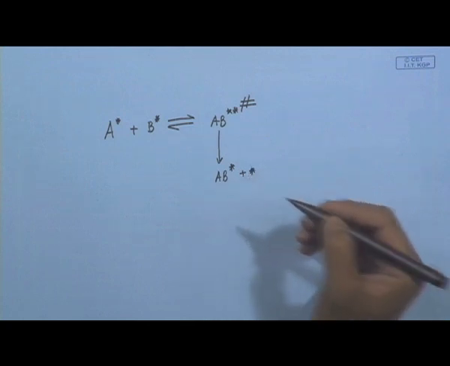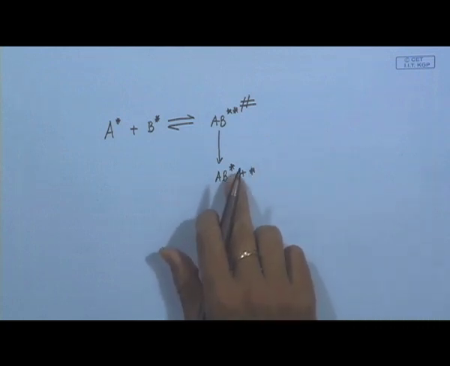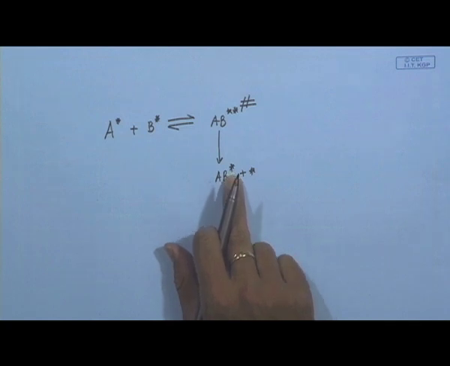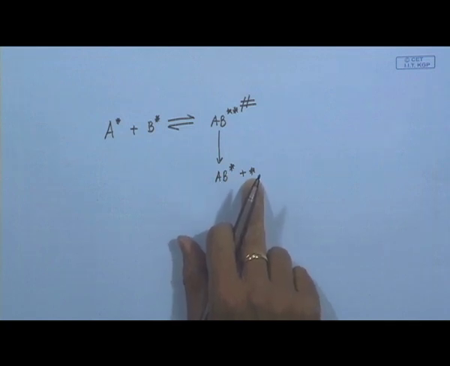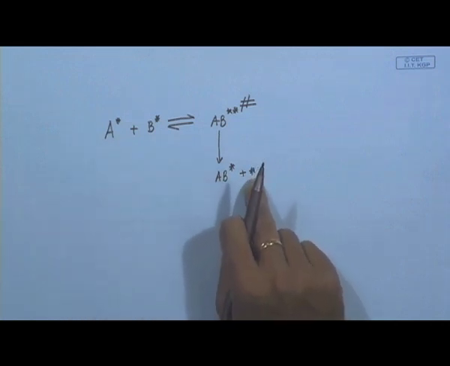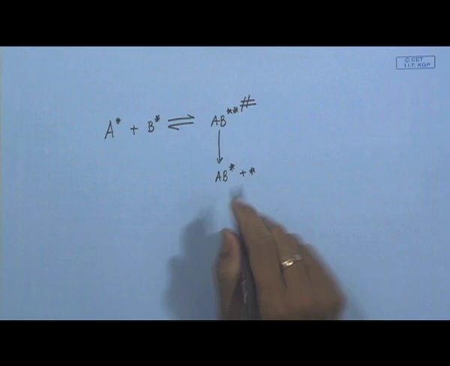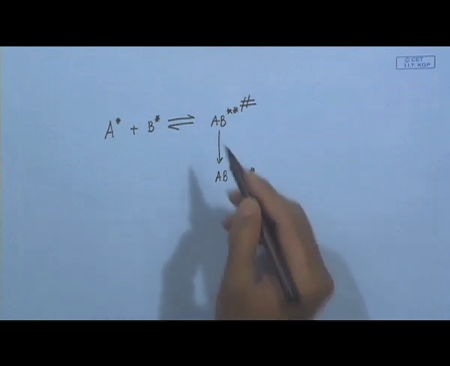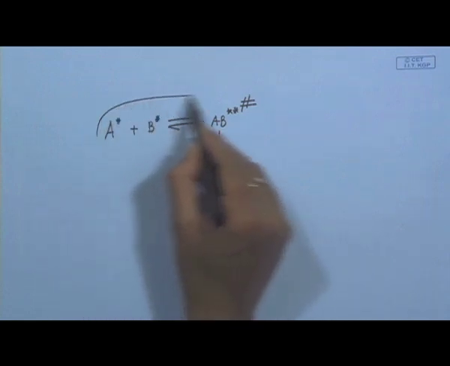They combine to form AB adsorbed, and the position which was occupied by A is now left open. So, this first step is the equilibrium.